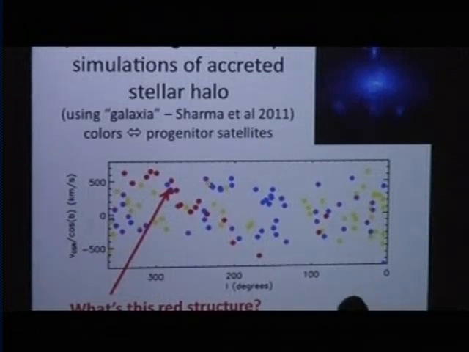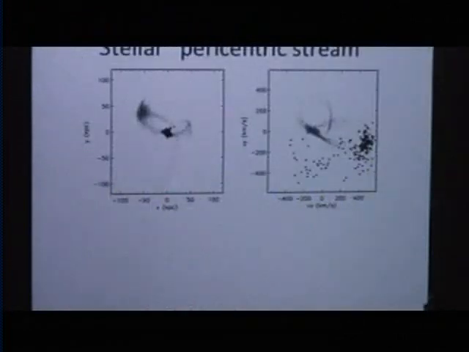And because this is the simulated universe, I can actually go back and say, where did this sequence come from and what does it correspond to? It turns out that the sequence of red stars corresponds to the dark dots here, from a simulation of a satellite accreting on a fairly eccentric orbit.